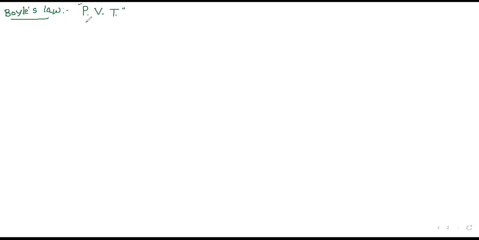But we cannot study pressure, volume, and temperature simultaneously. So one of the parameters is kept constant, and we deal with how the variation takes place.